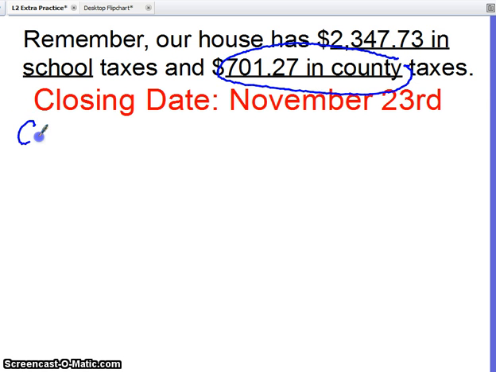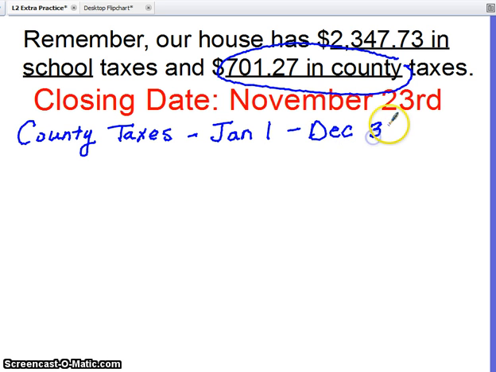Now, we know that county taxes run from January 1st to December 31st. So we know that we can envision December 23rd is close to the end. So we're not owning this house much of the year.